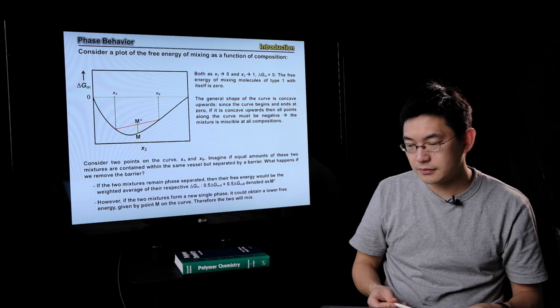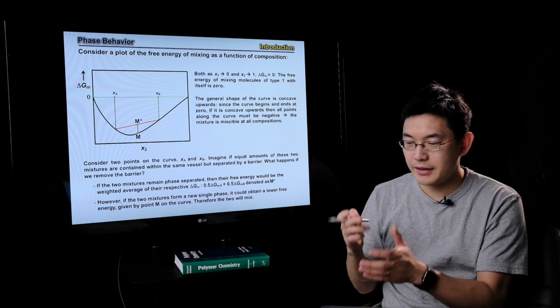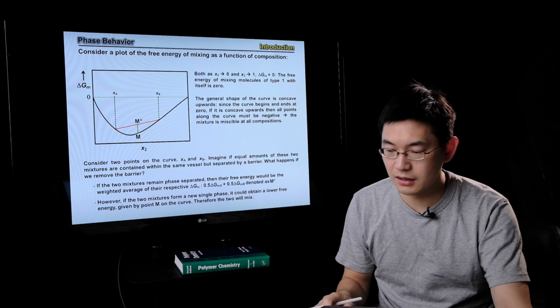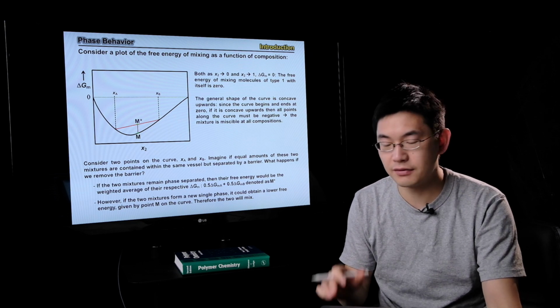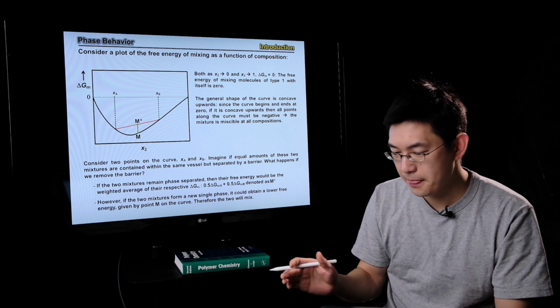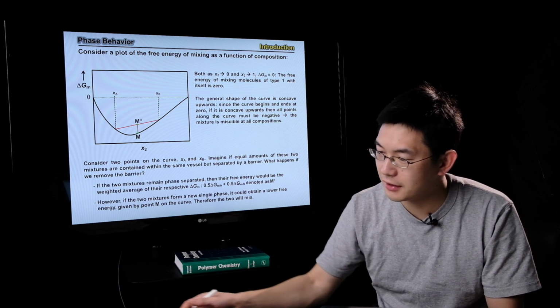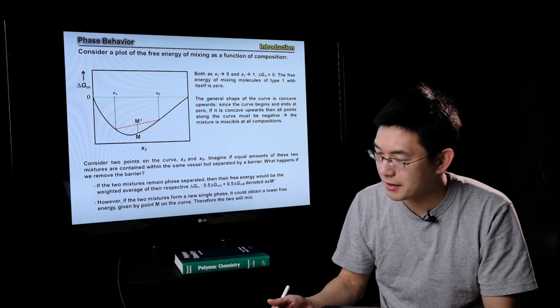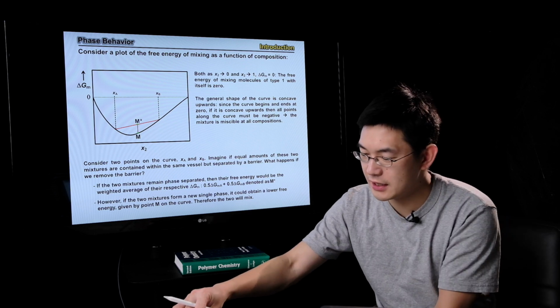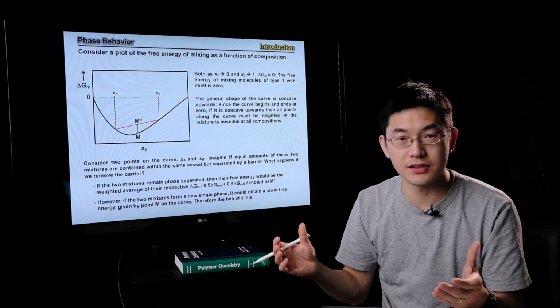Okay, so here is what we're gonna do: finally, an introduction about the phase diagram and how we understand it. What we're gonna show here is first we need to consider the phase diagram in the context of the Flory-Huggins theory.